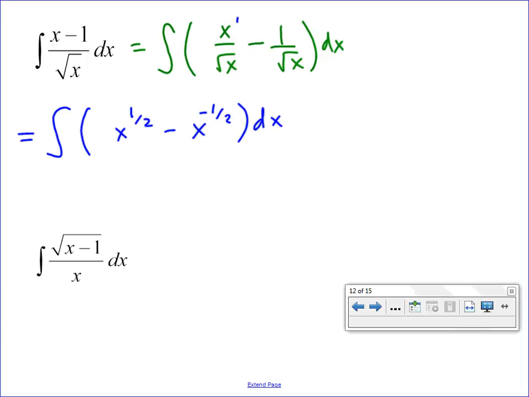The antiderivative of x to the 1/2 is going to be 2/3 x to the 3/2. The antiderivative of x to the negative 1/2, I'll keep my sign, becomes x to the 1/2, and then times 2, because dividing by 1/2 is the same as multiplying by 2. And as always, we say plus c.